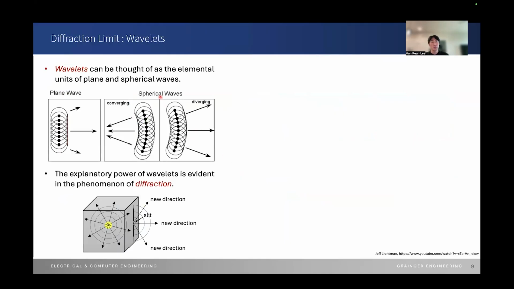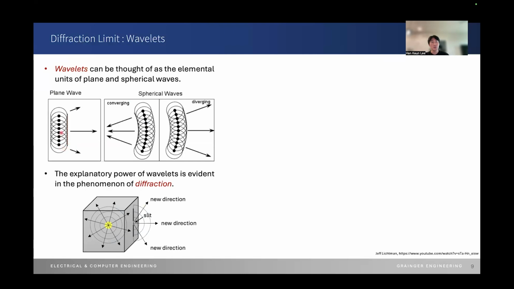Wavelets can be thought of as an elemental unit of plane or spherical wave. This plane wave consists of many different wavelets, which are emitting light in all directions.